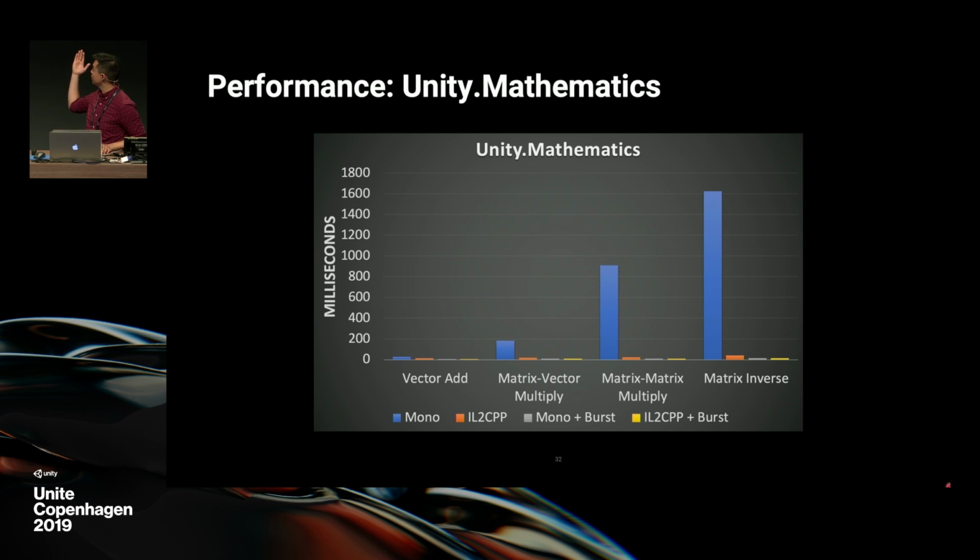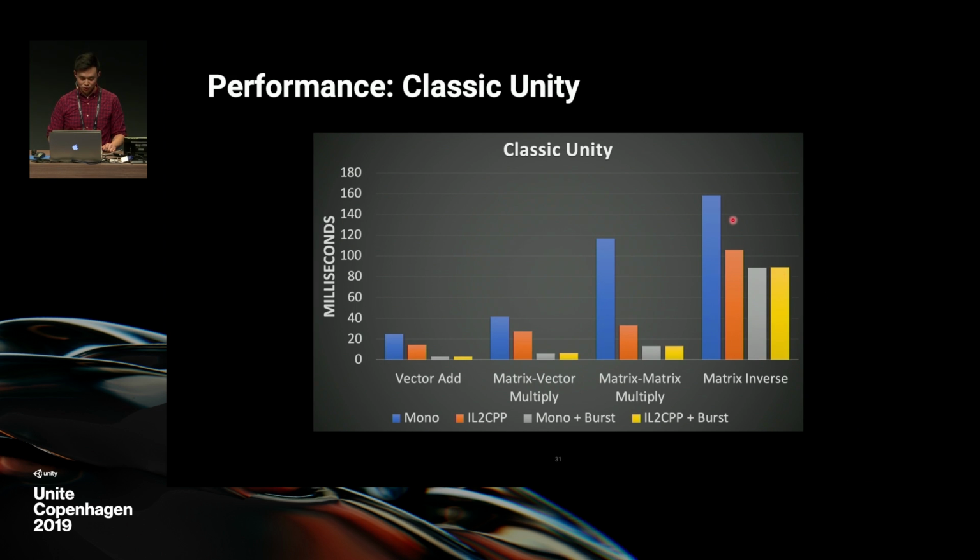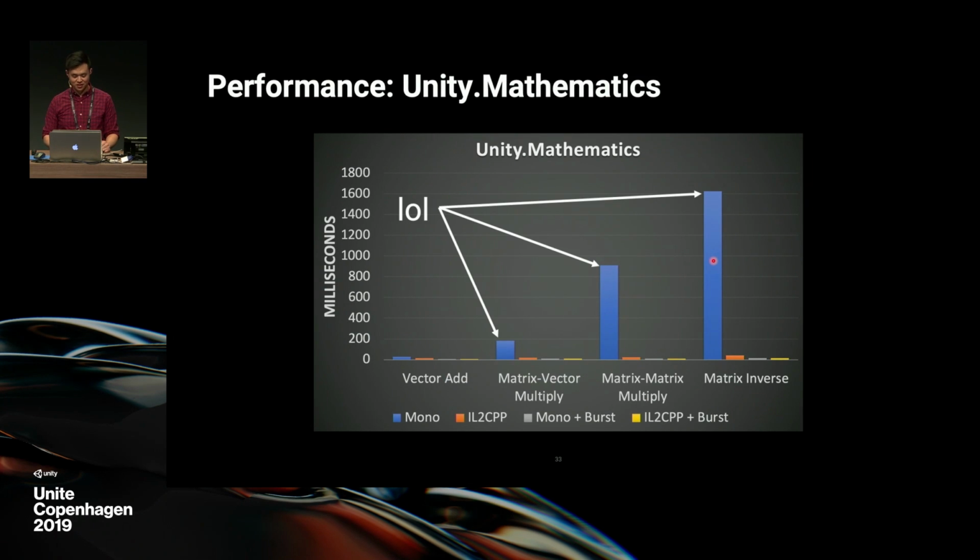Yes, those blue bars are embarrassing, I guess, but we'll get into that later. Yes. If we go back a little bit, so notice that super tall bar here, that's 1600. If we go back, this one was 160, so that's 10 times slower. So it's like, what's going on there?